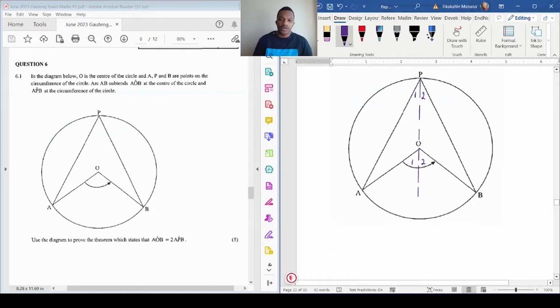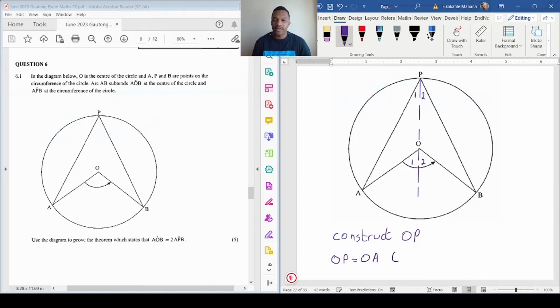Okay, so that's a construction. So we construct OP.